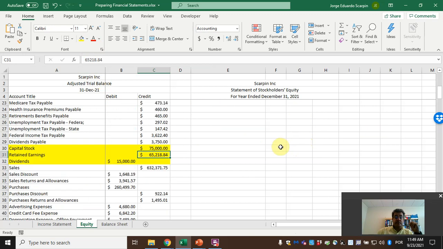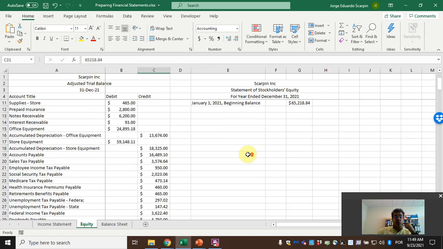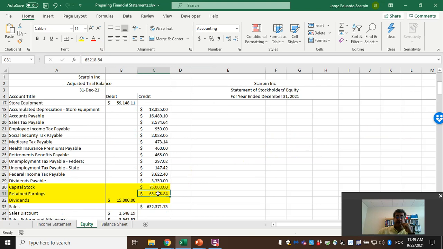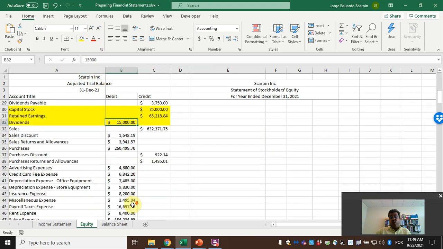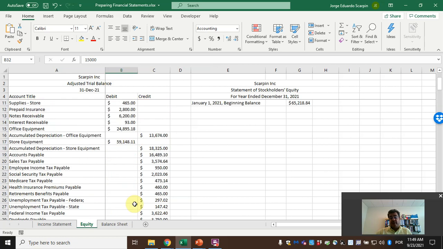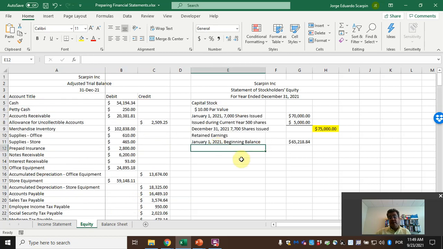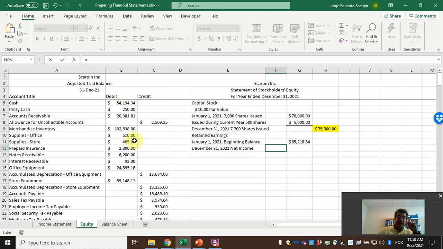So this is the beginning balance. Yes, because dividends and our net income, they are here. So what are the additions that we have? December 31st, 2021, net income. How much is our net income?